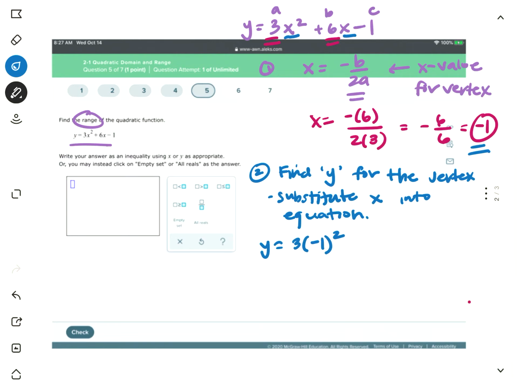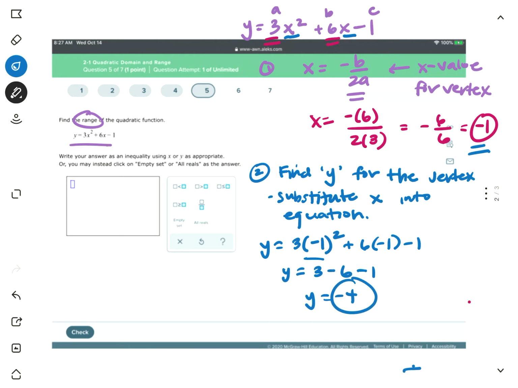So negative 1 squared plus 6 times negative 1 minus 1. Well, negative 1 squared is positive 1 times 3 is 3. Plus 6 times negative 1 is negative 6 minus 1. So 3 minus 6 is negative 3 minus 1 is negative 4. So y equals negative 4.